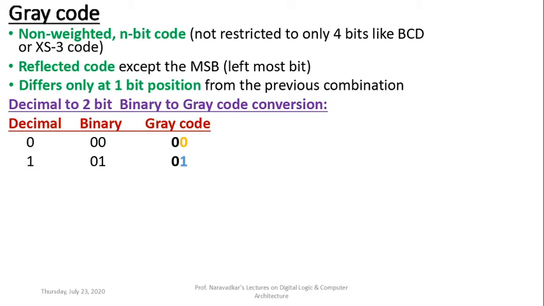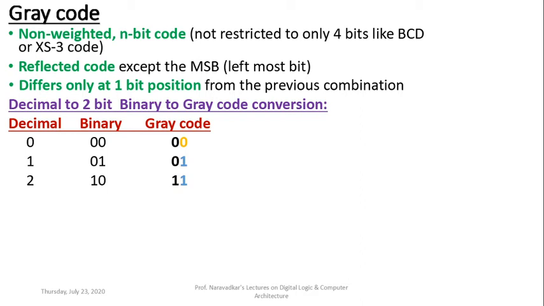So it is only 1 bit change. Then next will be decimal 2. Its binary representation will be 1, 0, but gray representation will be 1, 1. Now here also the second gray combination is 0, 1 and third is 1, 1. There is only 1 bit change.